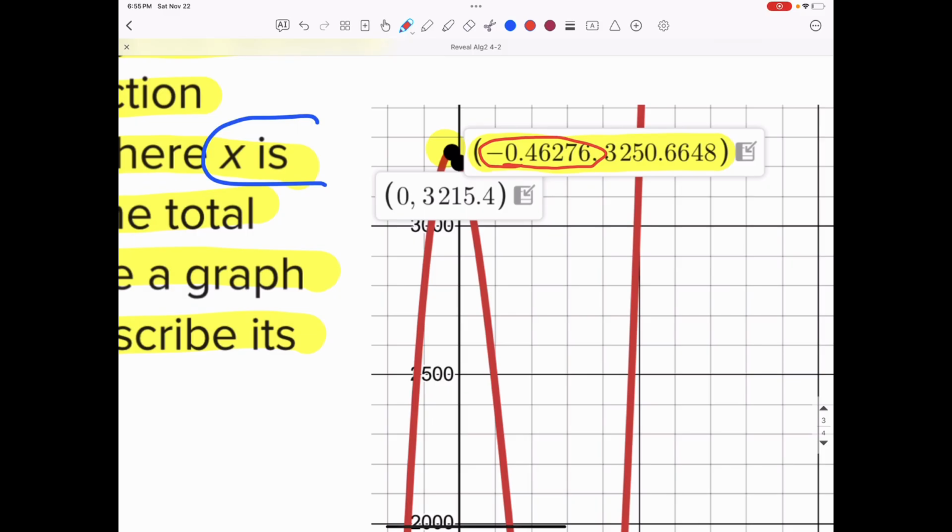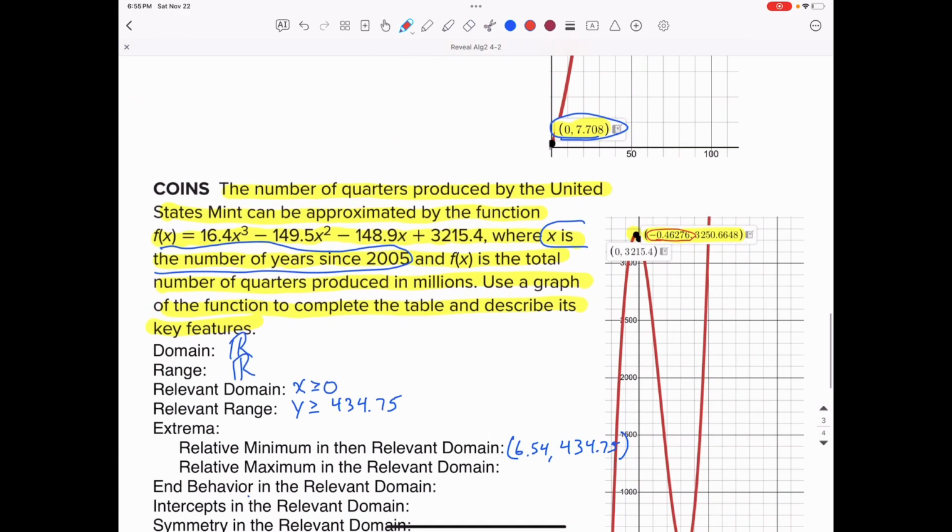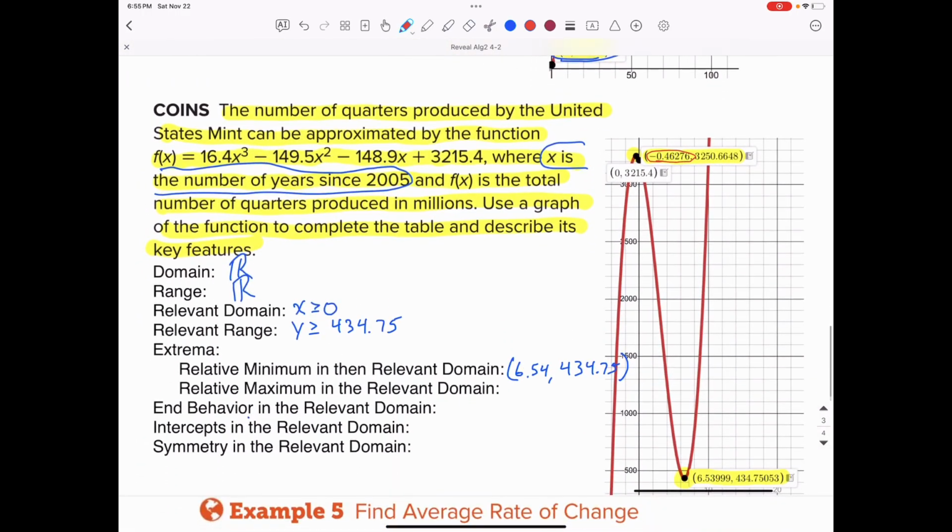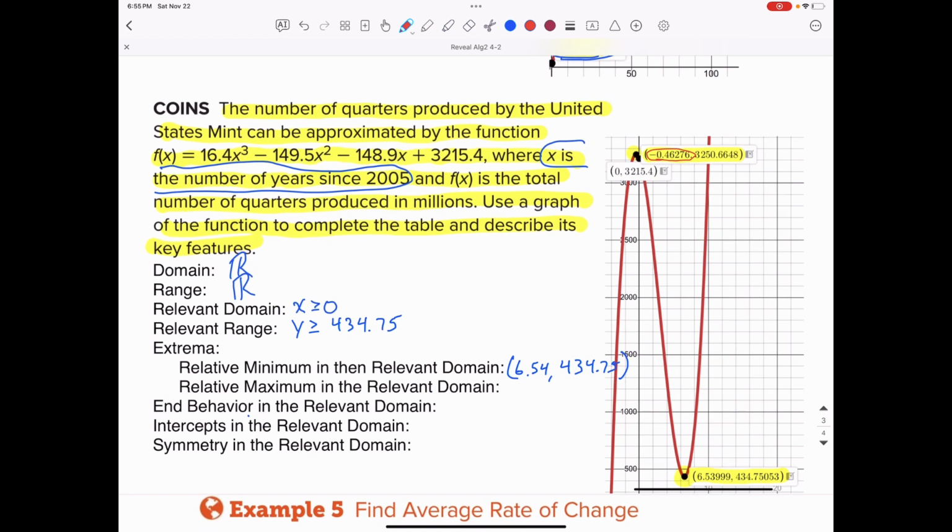Quadrant 1 only has positive numbers. So even though that is a high point on the graph as a whole, it is not a high point in the relative domain because that does not make sense because the x value would represent negative time. And as we've said so many times before, we can't have negative time. So in the relative domain, there is no relative maximum.